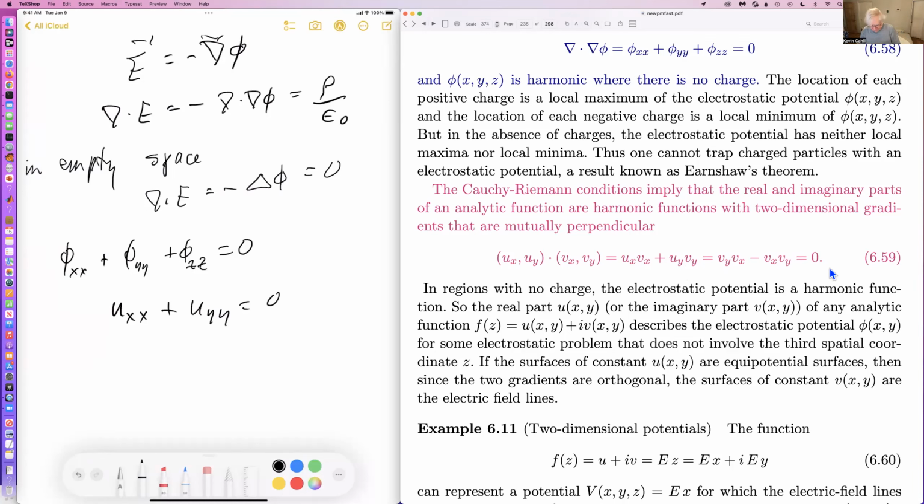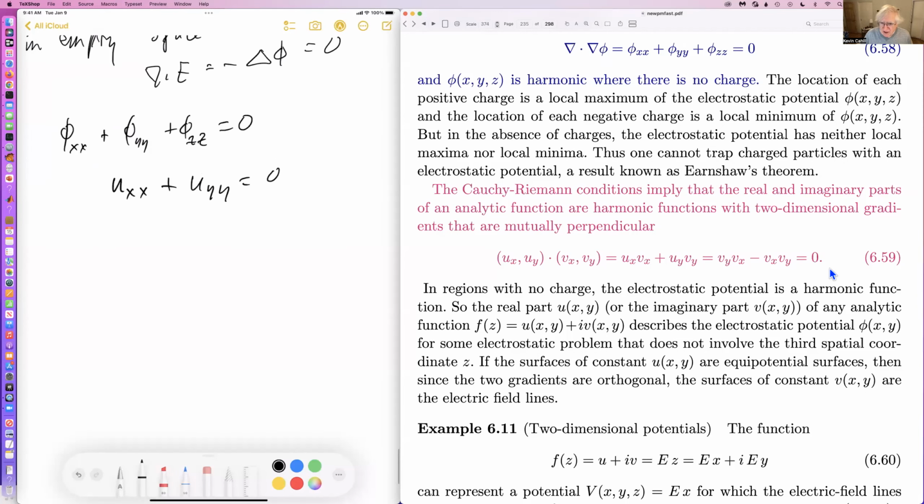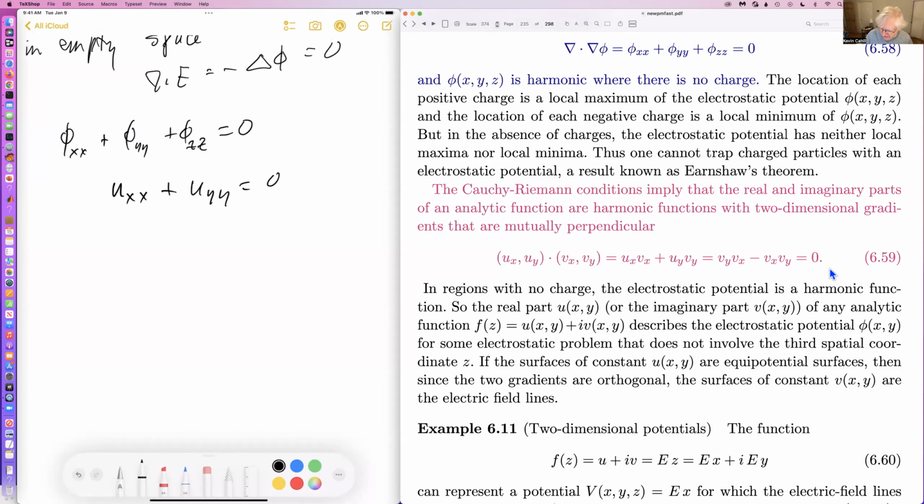And so the gradient, in other words, if you have an analytic function, then let us suppose that that is constant u. And now if we switch, constant v is going to be instead something like this, or something like that, or something like that.